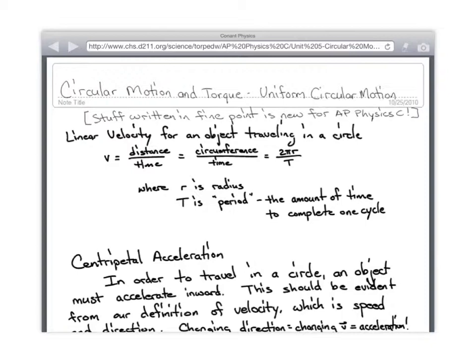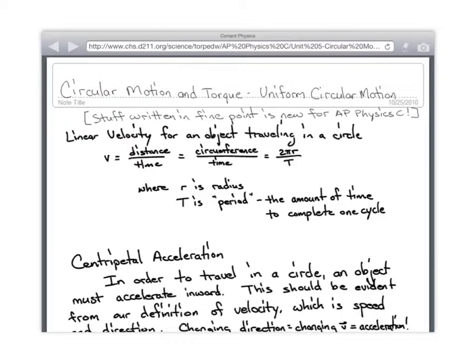What do you call the amount of time it takes to go around a circle? That's period. So, what's distance divided by time? Velocity. Speed, right? So if you want to know your speed around the circle, it's how far you go divided by the amount of time. Wouldn't you agree?